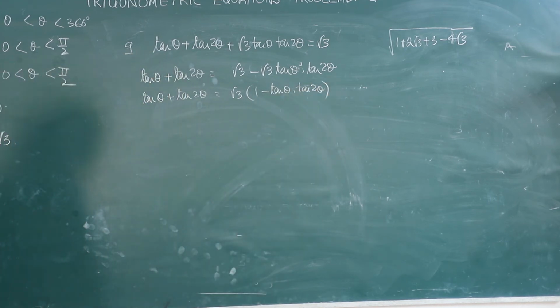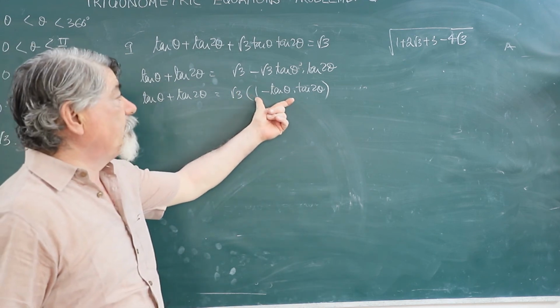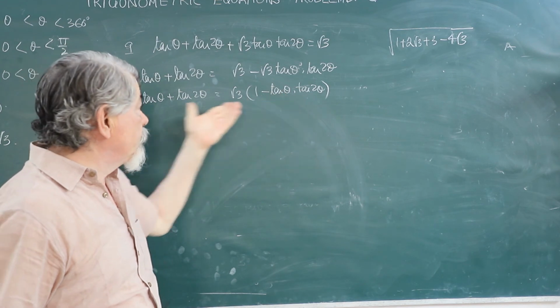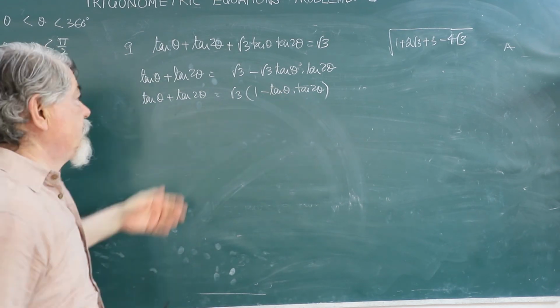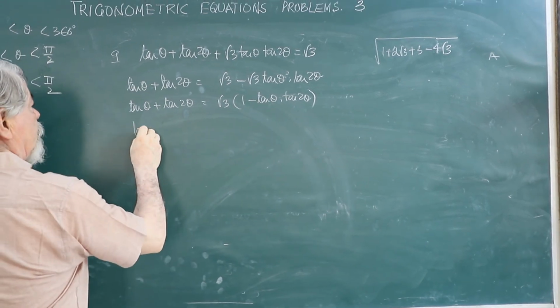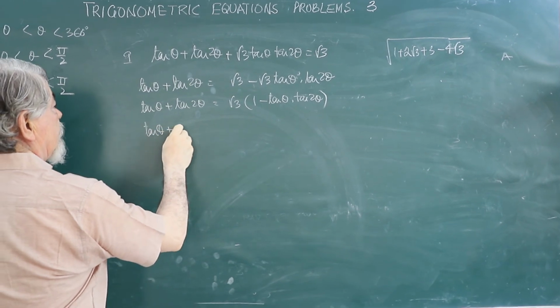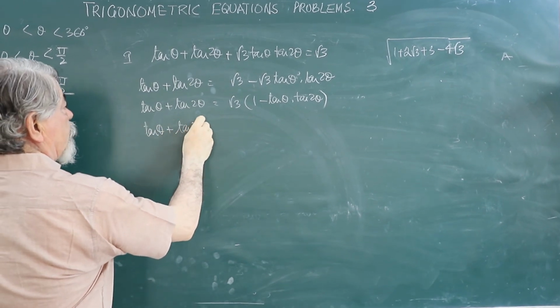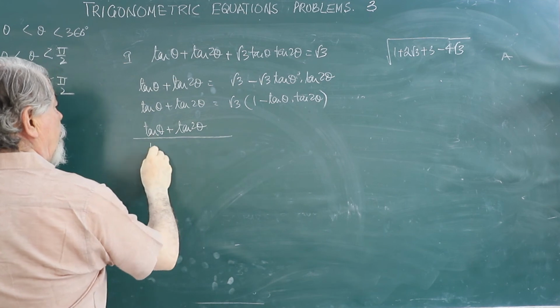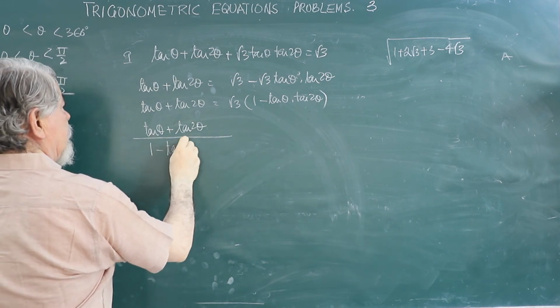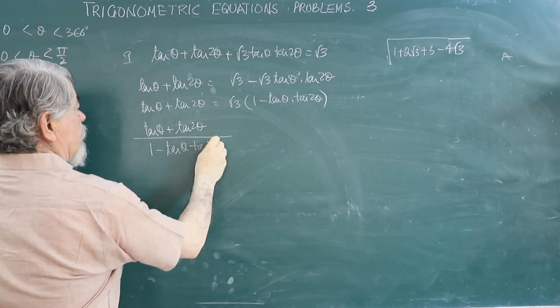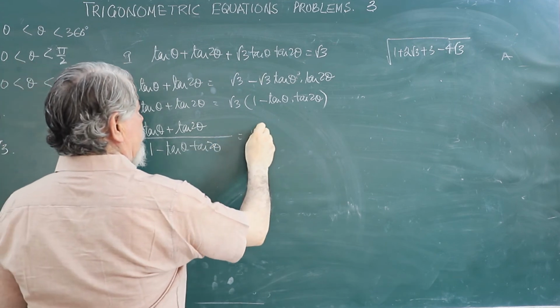Once I have got this, let me transfer this value 1 minus tan theta tan 2 theta to the denominator on this side. Why? You will see the reason just now. Tan theta plus tan 2 theta upon 1 minus tan theta tan 2 theta will be equal to root 3.